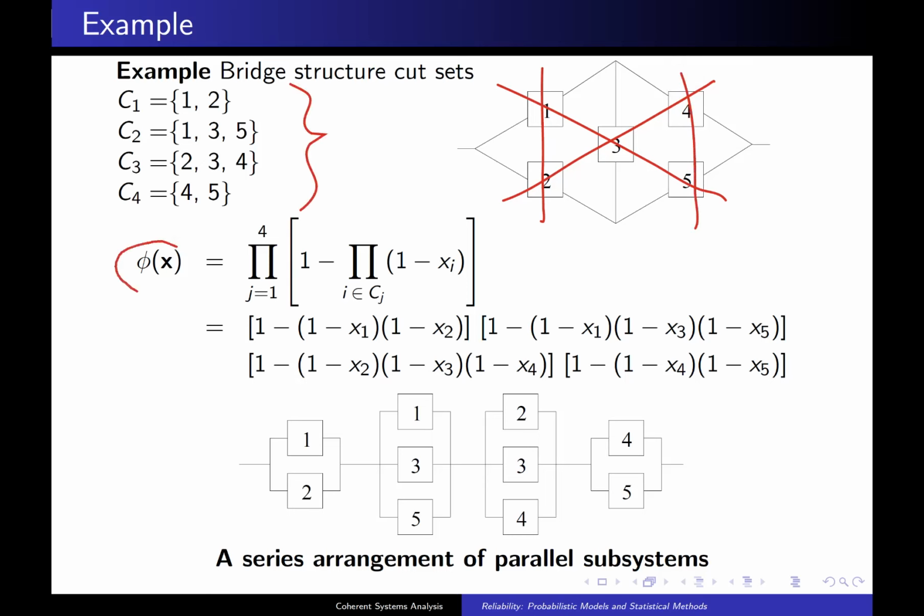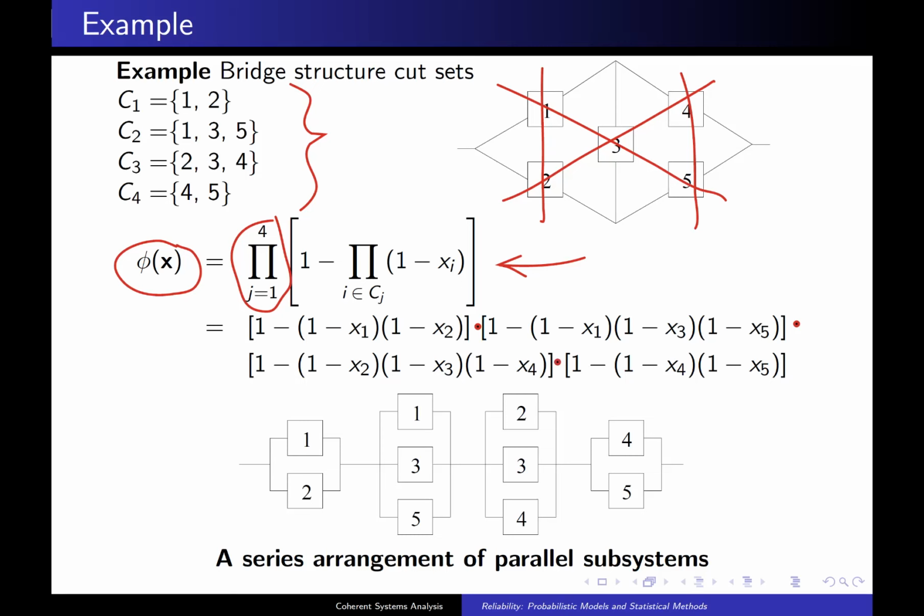Here is the equation for phi of x for this particular system using the equation on the previous page. And when you write this out, notice that it is the product of 4 things on the outside. So that's the series part. So we have part 1 multiplied by part 2 multiplied by part 3 multiplied by part 4.